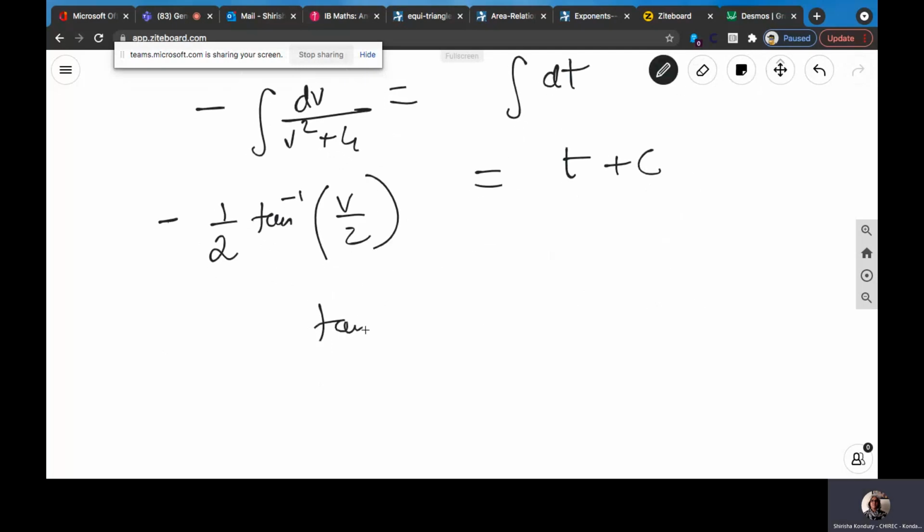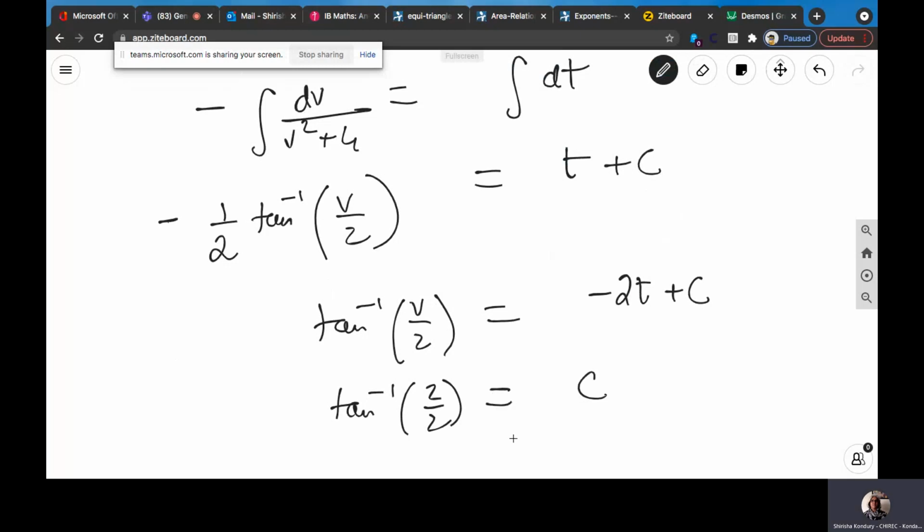So tan inverse of v by 2 is equal to minus 2t plus c. We also know when t is 0, velocity is 2 meters per second. So tan inverse of 2 by 2 is equal to c. Tan inverse of 1 is pi by 4. Why should I take only pi by 4? Why not anything else?